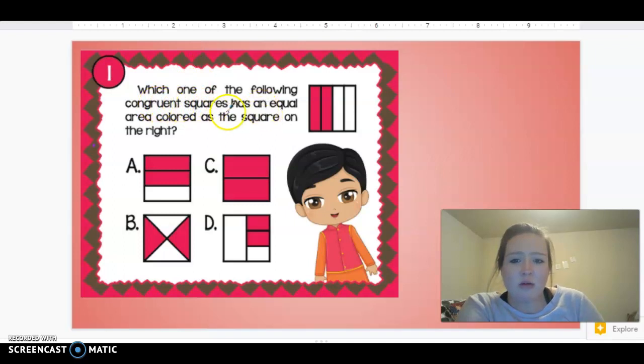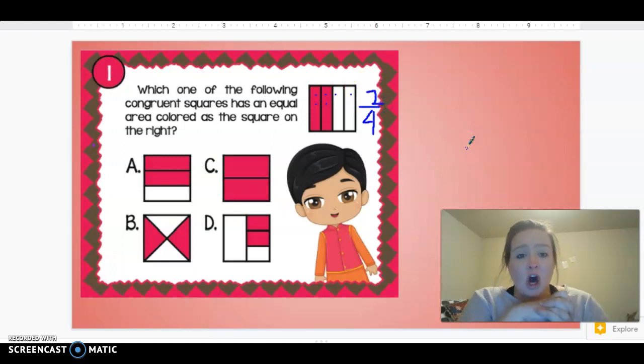This is the square, and these are answer choices, and we're trying to figure out which one has an equal, congruent, equivalent area to this square here. So this square has 1, 2, 3, 4 parts. And then 1, 2 of them are shaded.